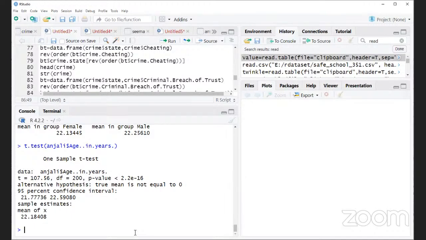Okay, but this is significant. This one sample t-test, whatever you have written, is significant. Now, in this manner, you can do the other analysis.